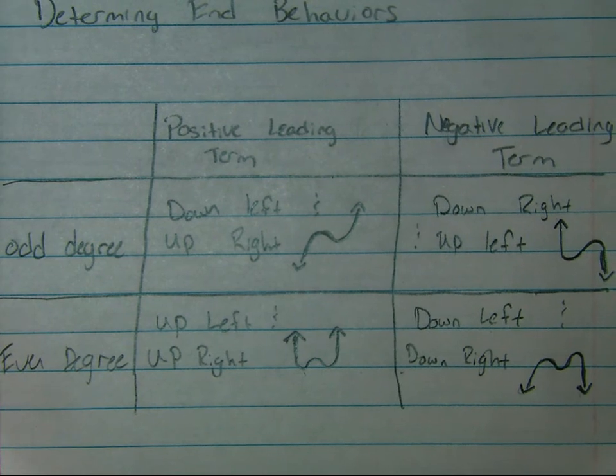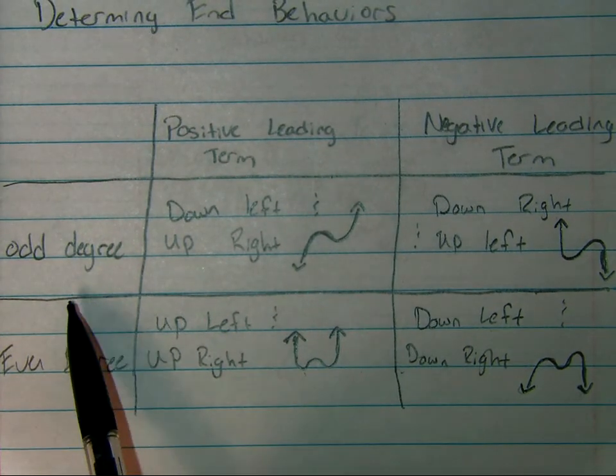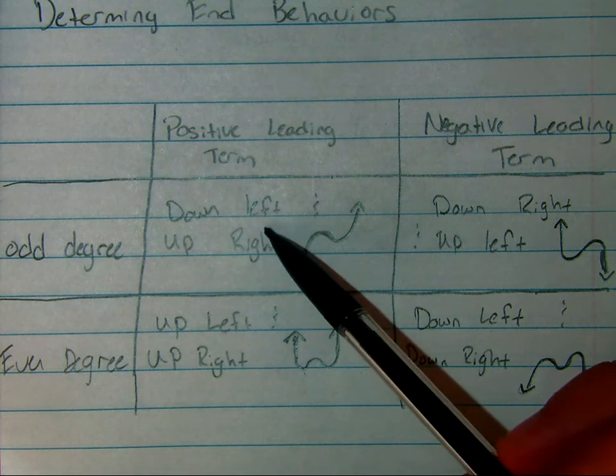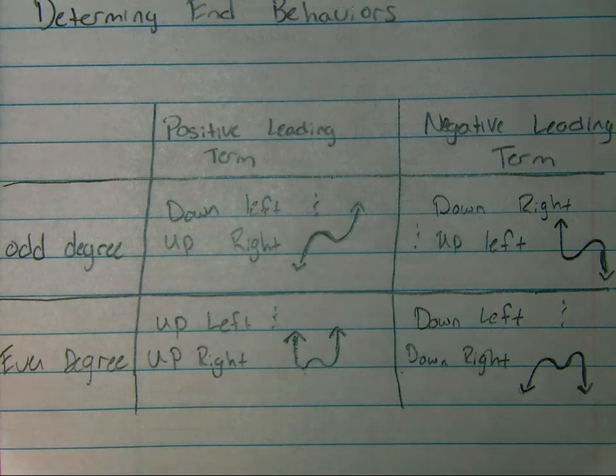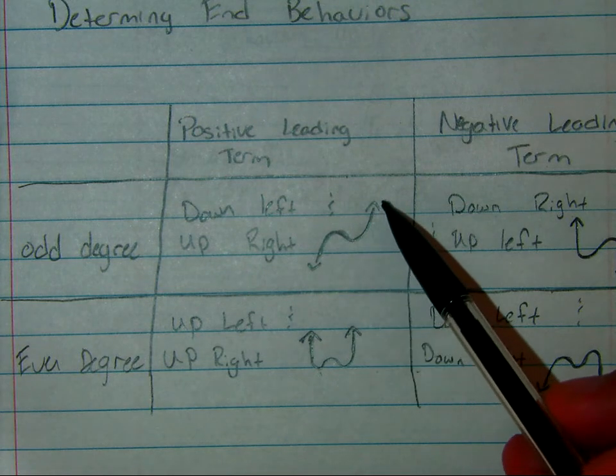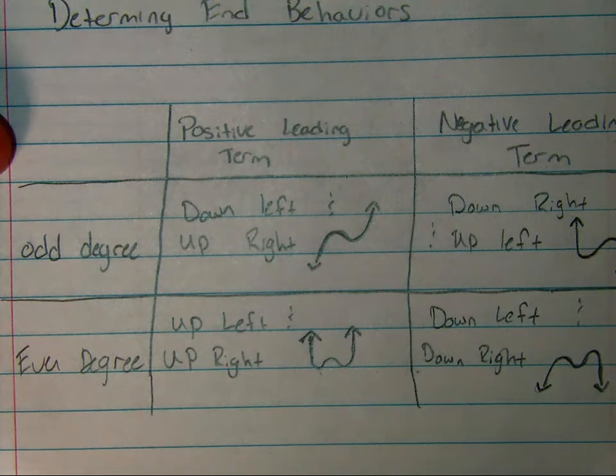We look back at our table. An odd degree with a positive leading term should be down left and up right. Again, I drew little pictures here to kind of visually see it. So down left, up right.